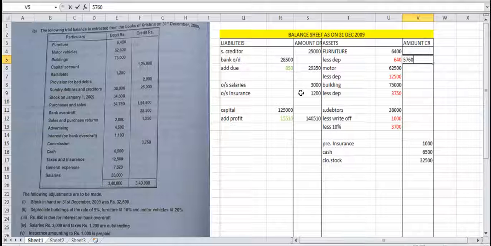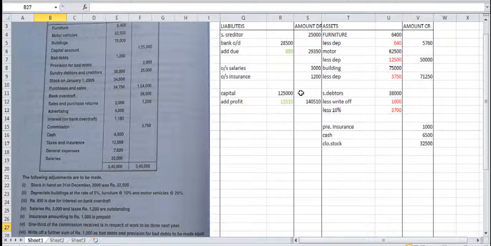We will get 5,760. Now here after motor, 50,000 we are getting. After deducting this, 71,250 we are getting. From sundry debtors after deducting this, what we are getting, we have already calculated here on the down side.